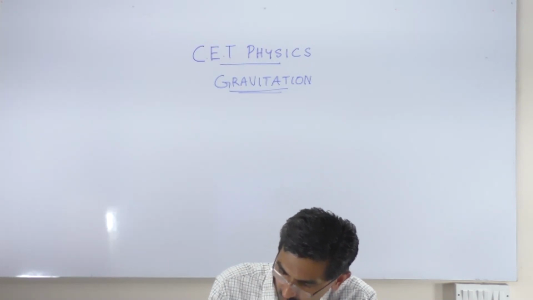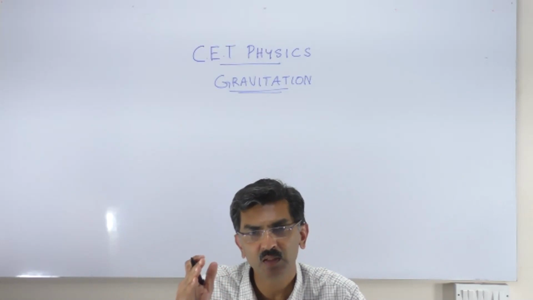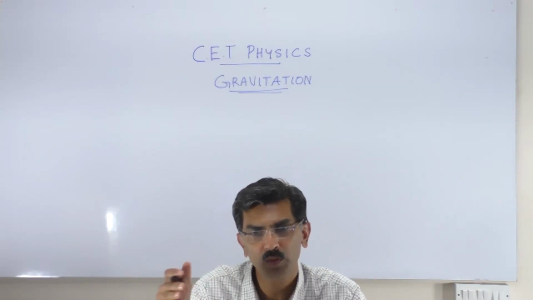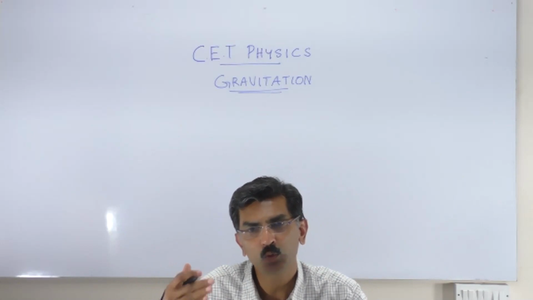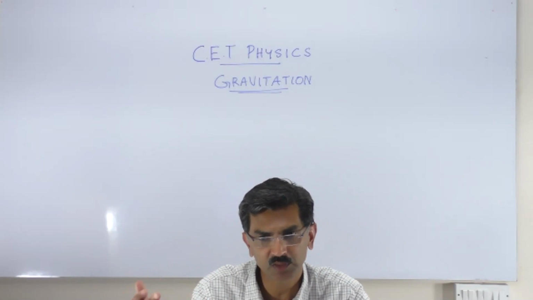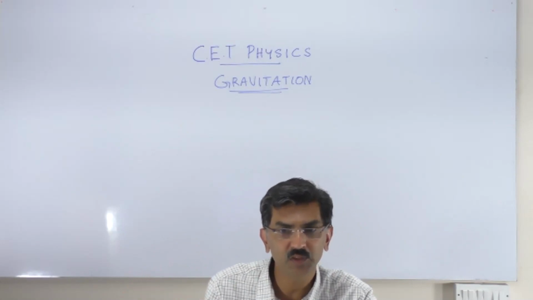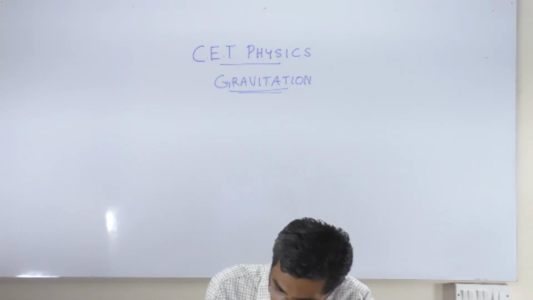Please remember that the total energy is a negative value. It is minus G uppercase M lowercase m by R. So if that negative value has to reduce because the satellite has lost some of its energy, then it means that R has decreased.